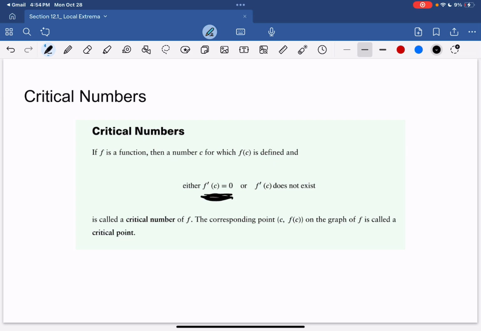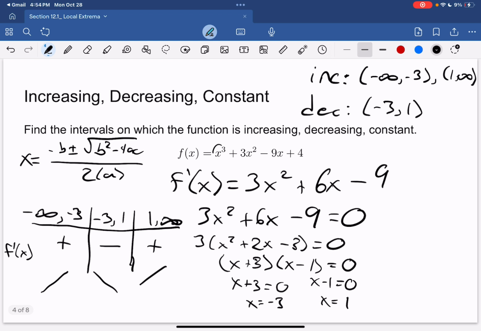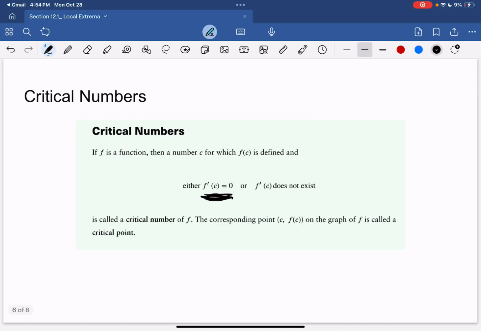Essentially what we did back here: set the derivative equal to 0, solved it, and found that -3 and 1 would be my critical numbers. Or it's also a place where the derivative does not exist. And I'll show you an example of that. So that is the critical number.